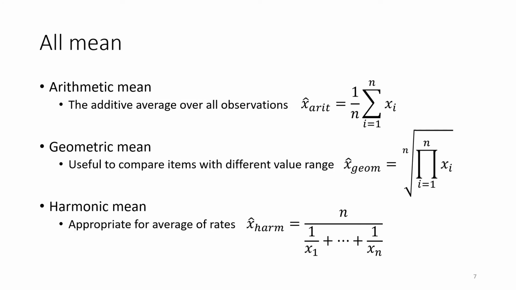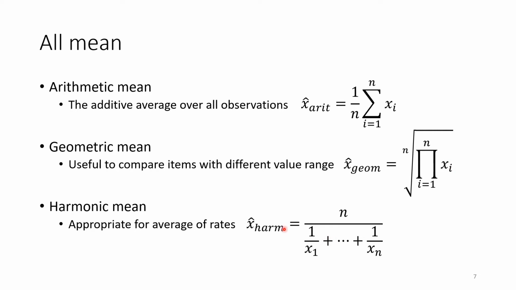You can also compute different kinds of means based on your samples. The arithmetic mean, I already said, sum everything up, divide by the number of parameters you have. The geometric mean means you take the root, not the square root, but the root of the order equal to the number of samples you have, and you multiply all your values.